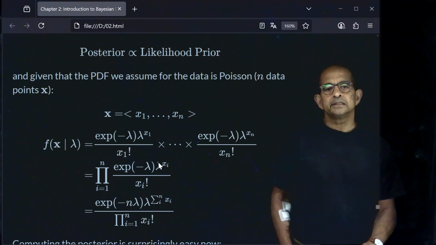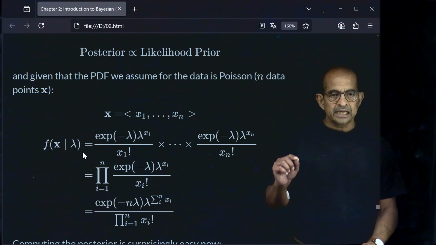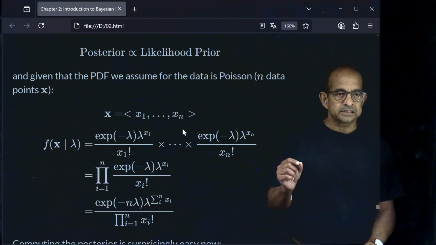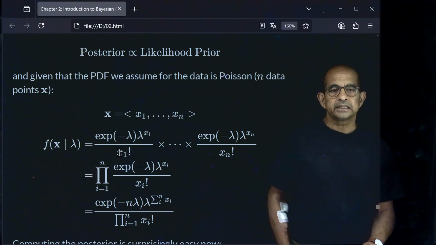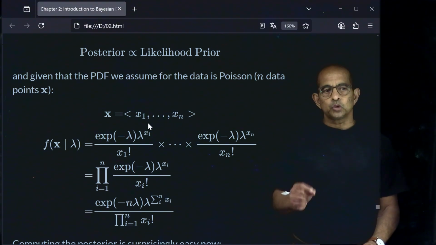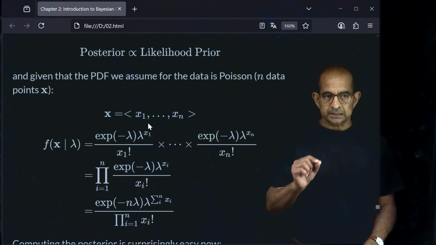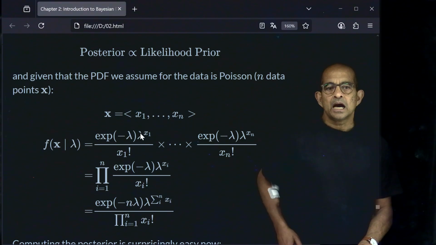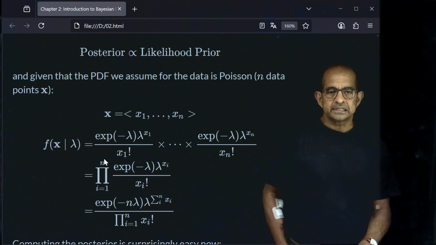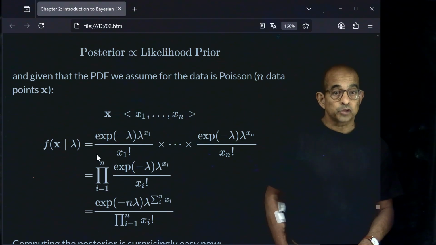Because this vector x contains n elements, I'm taking each of these n elements, x sub 1, x sub 2, etc., and for each of those numbers in the vector boldface x, I'm writing out the probability density function in terms of the Poisson.